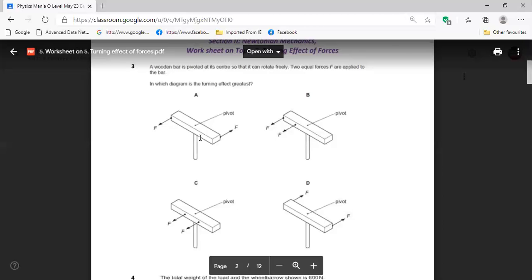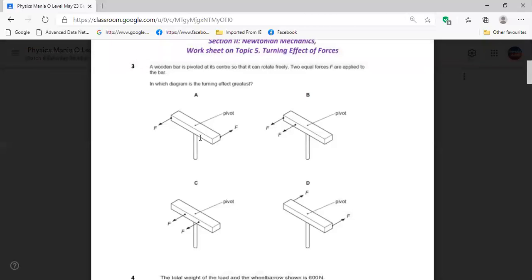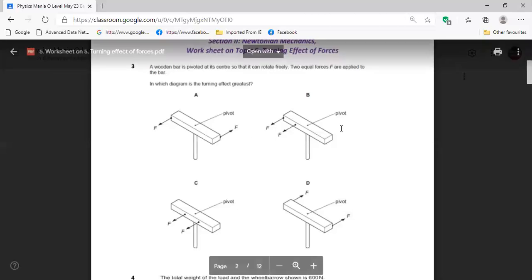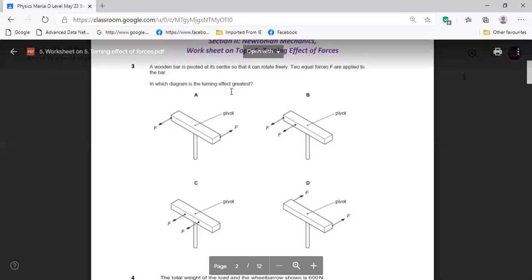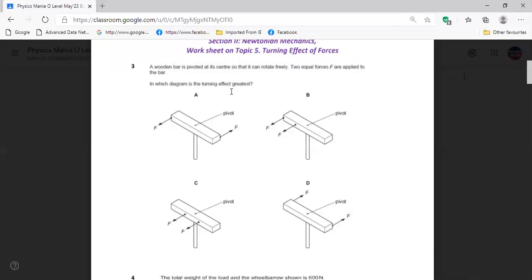But in A, for both the forces, the distance is most, right? So we will have a greater moment here than in B. So A will be the greatest turning effect. Okay.